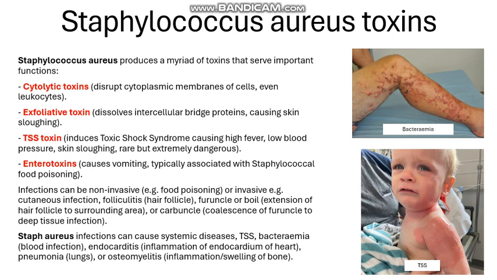So toxic shock syndrome toxin is an important one that you're going to want to remember. It causes a high fever, low blood pressure, and skin sloughing. It is rare, but extremely dangerous. So there's a poor little baby on the bottom right here who's unfortunately suffering from a pretty severe Staphylococcus aureus infection.